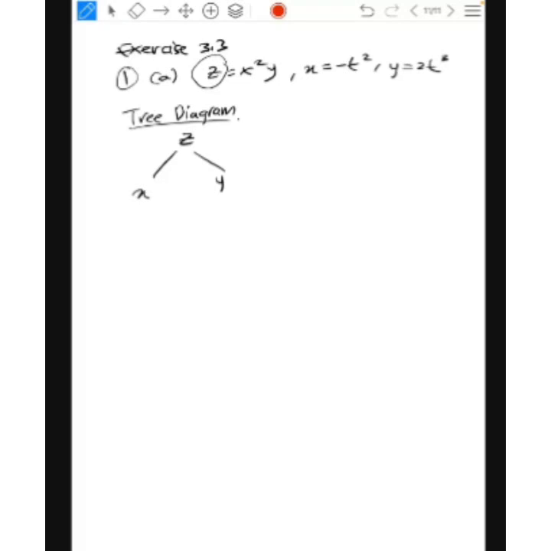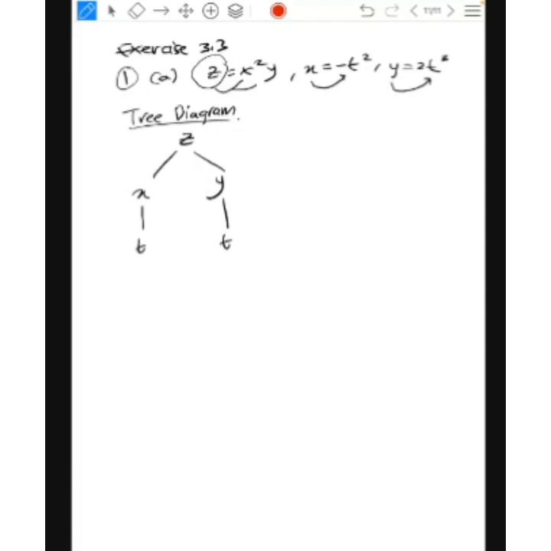Variables, not the function. Do not write x to the power of 2, because x squared is the function. We only want the variables, which are x and y now. And then under x there's t, and under y there's also t. You see it like this: under x there is t, under y there is t, but under z there are x and y, two variables.